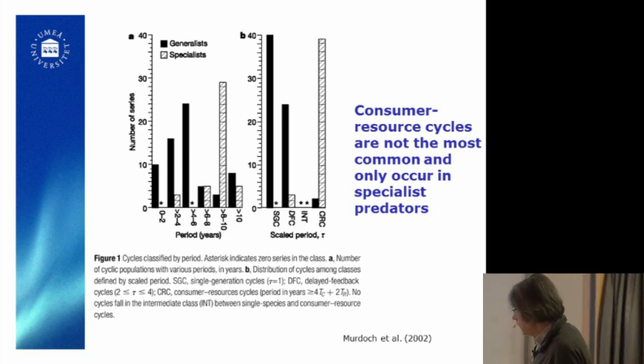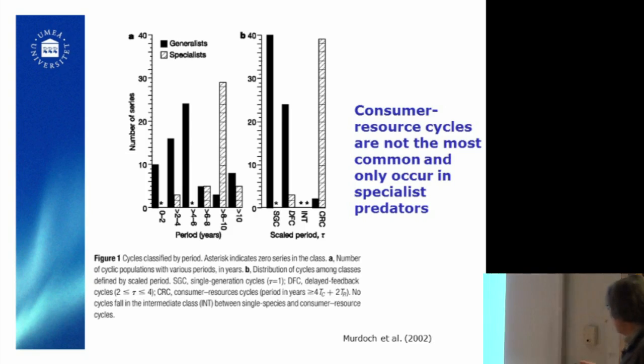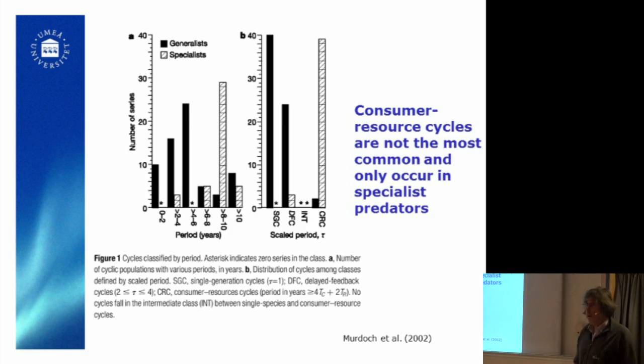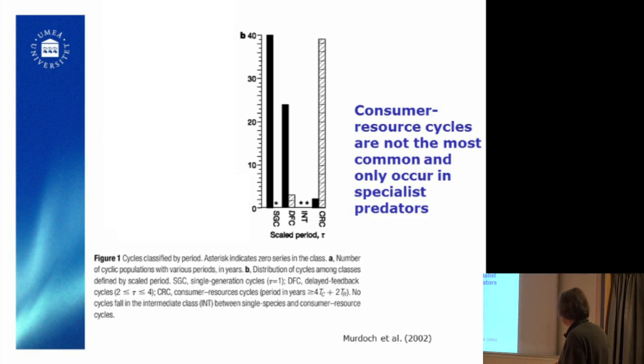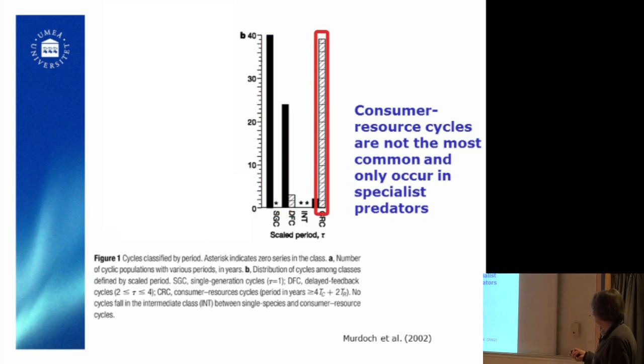I talked now about 2 types of cycles, one where the juveniles are superior and one where the adults are superior. The question is, how common are they, related to what we learn from textbooks, the predator-prey equation? Well, this is a review in Nature by Murdoch et al., and I think we should just concentrate on this figure that showed, from a huge data set on population dynamics, the number of populations showing single generation cycles, that is the cohort cycles I talked about here, delayed feedback cycles, which is another cycle related to ontogenetic asymmetry, and consumer-resource cycles, and predator-prey cycles.